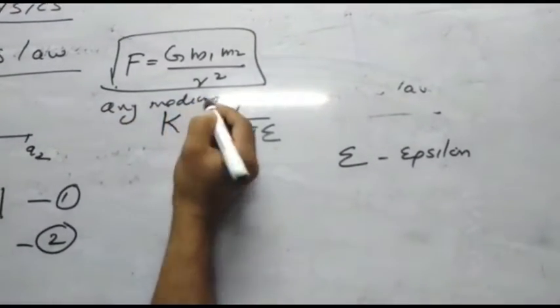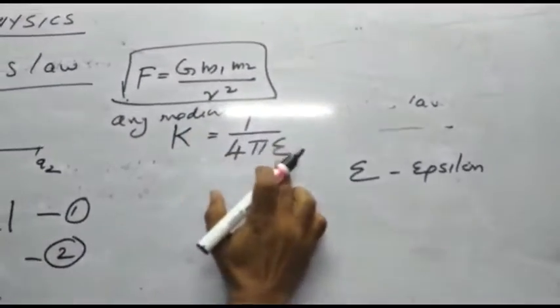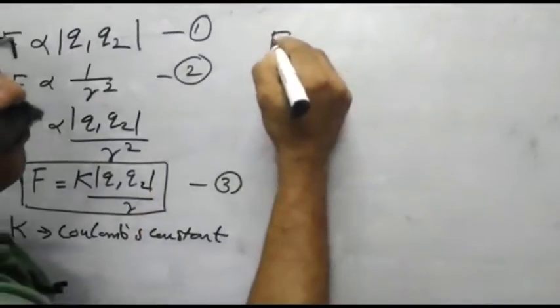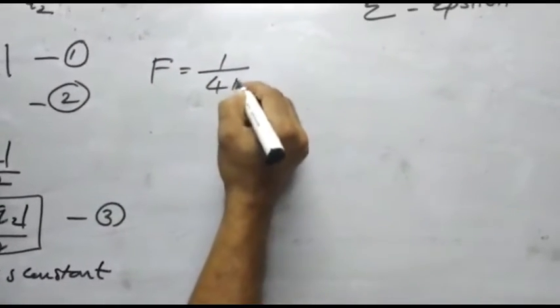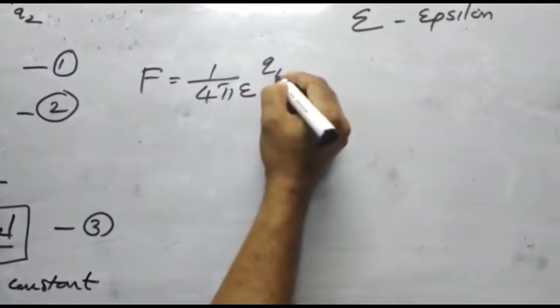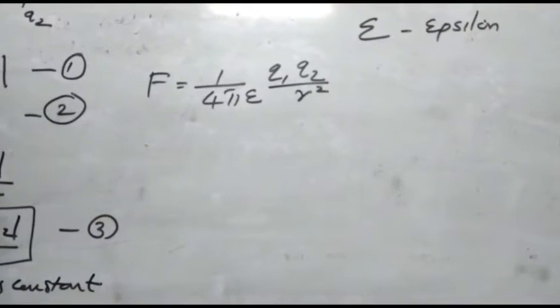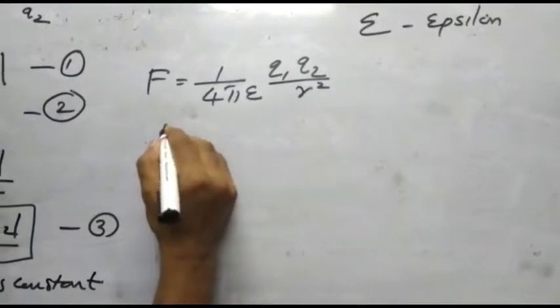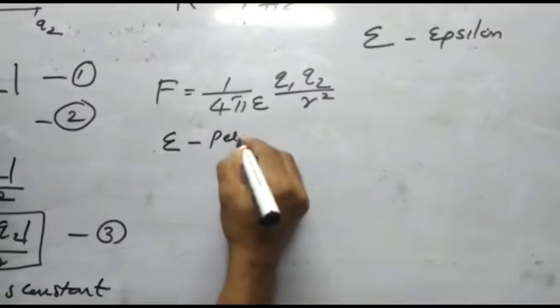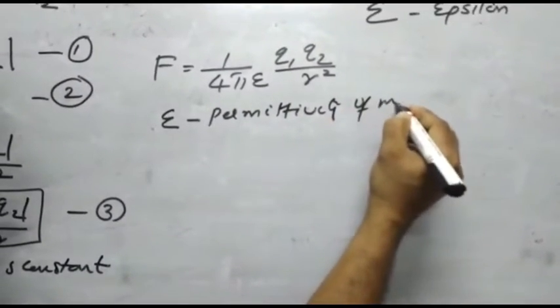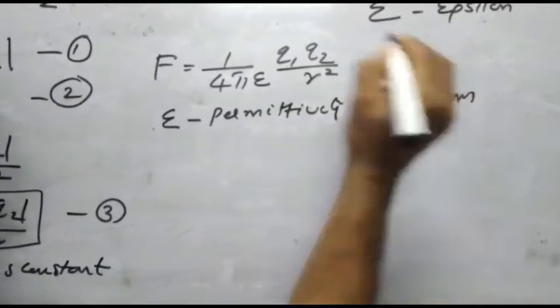So, equation 3 becomes F equal to 1 by 4 pi epsilon Q1 Q2 by R square, where epsilon is the permittivity of the medium.